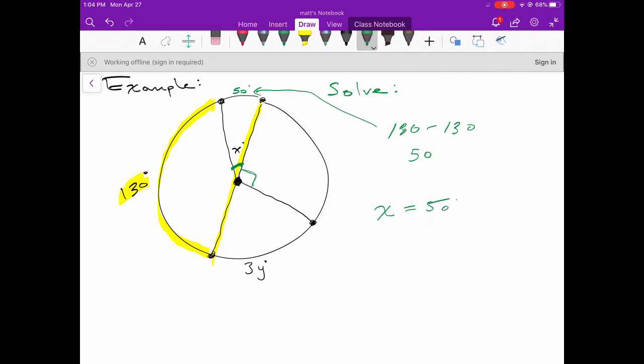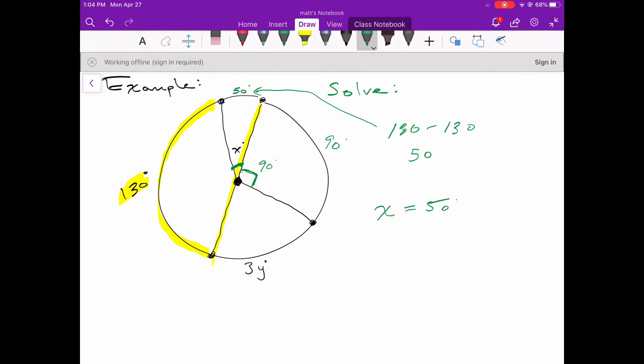So we've already figured out half the problem. Remember, central angle measure and arc measure are the exact same thing. Now we've got 3y to worry about. I've got this right angle symbol here, so that angle is 90, which tells me that this arc over here is also 90 degrees.